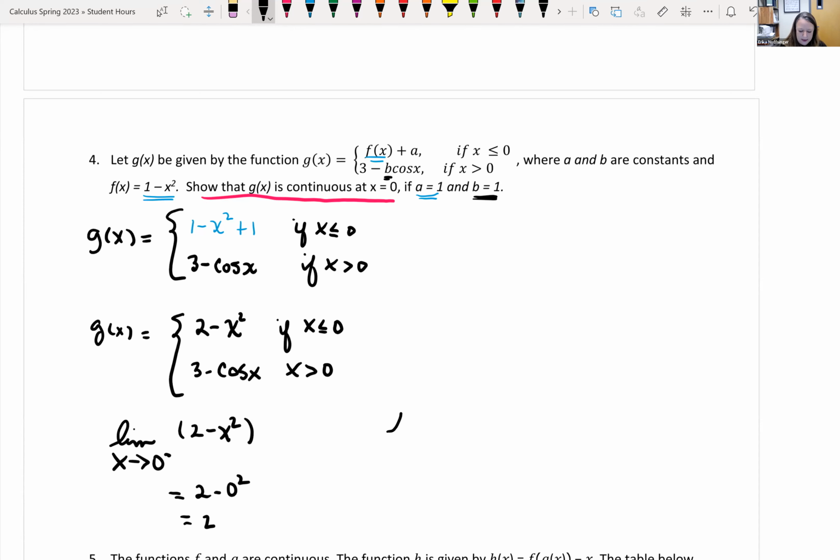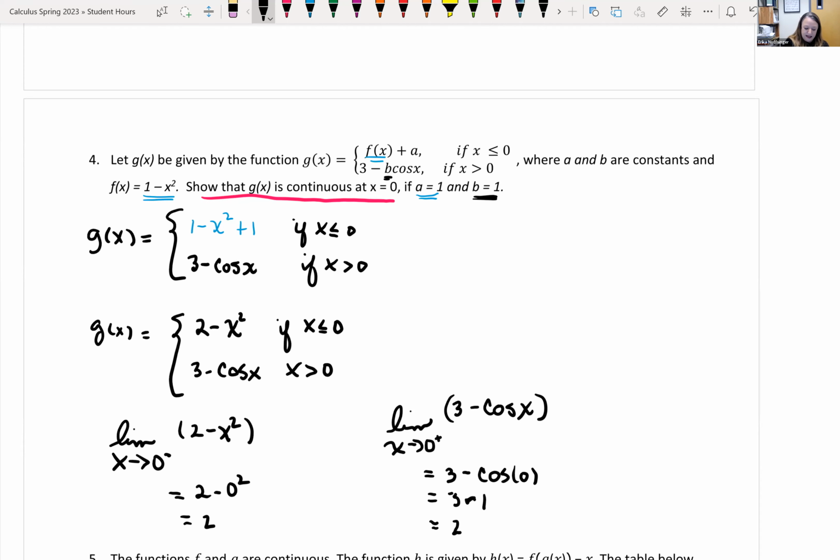So let's look at now the limit as x is approaching 0 on the right-hand side of 3 minus cosine of x. So doing direct substitution here, I have 3 minus cosine of 0. Recall cosine of 0 is 1, so I have 3 minus 1, which is also 2.